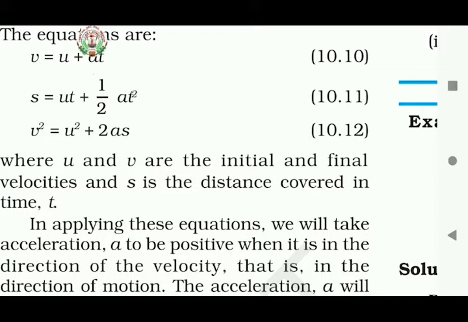Third point, when a body is dropped freely from a height, its initial velocity u is 0. Fourth point, when a body is thrown vertically upwards, its final velocity v becomes 0.